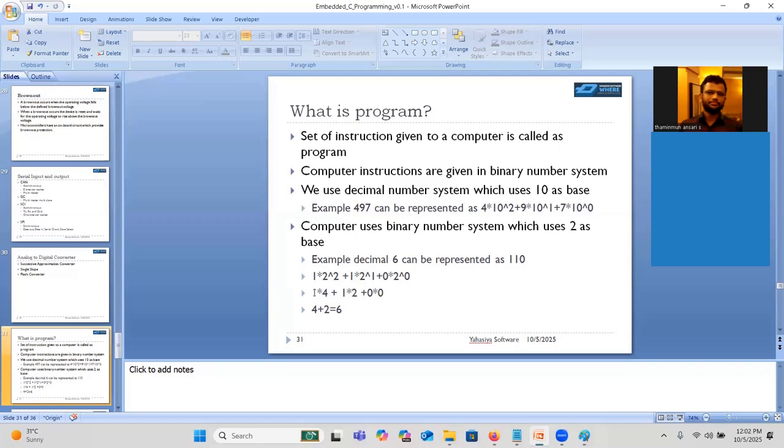So 4 plus 2 is 6. So it understands that what you fed is 6. Got it now? You cannot directly feed 6 to the computer. You have to convert that 6 to 110, and then only you can feed that. Clear now? So all your program should be like that.